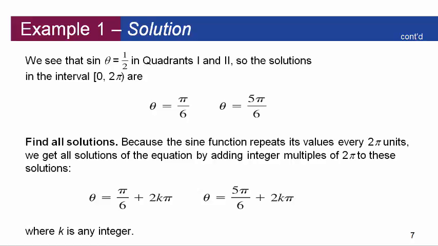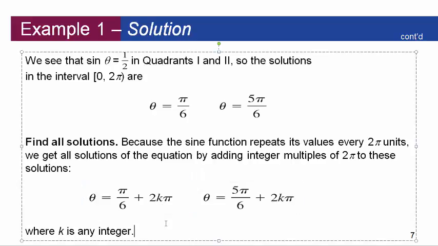And so then all we have to do is slap on any integer multiple of 2 pi, and that gives us the infinite number of solutions. And so to make an integer multiple of 2 pi, we're just going to take 2 pi and multiply it by k, where k is an integer, i.e. 1, 2, 3, 4, 5, 6, 7. And technically -1, -2, and -3, and so on and so forth.